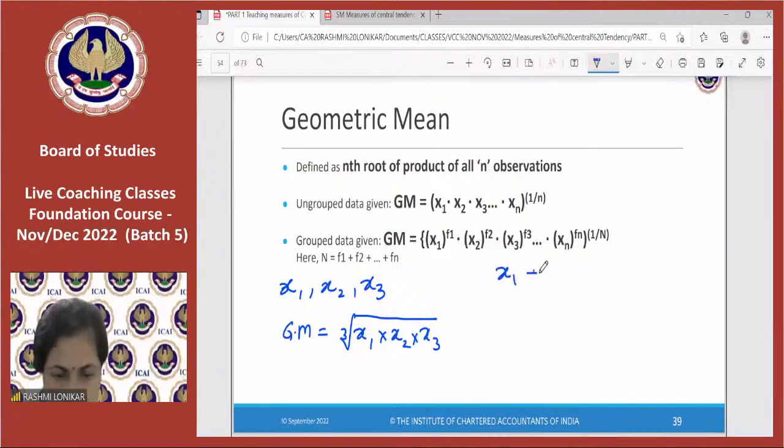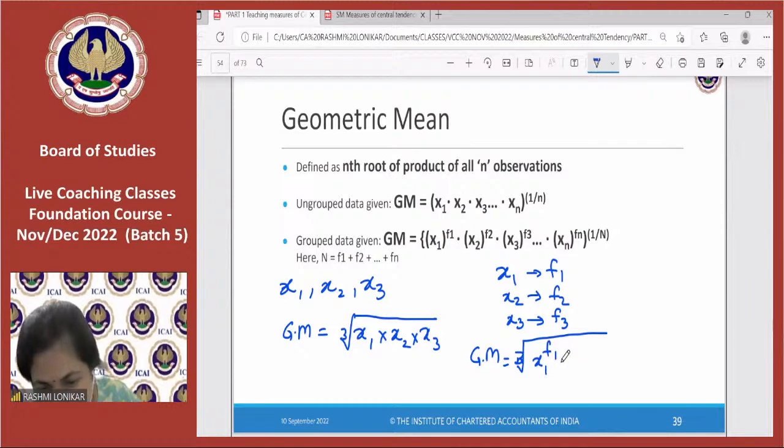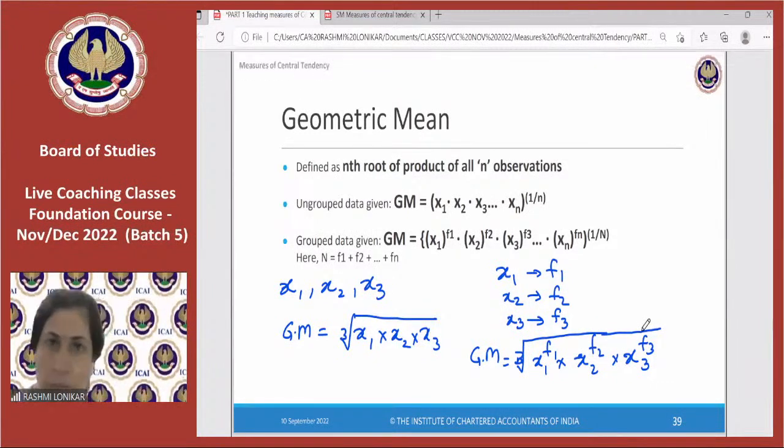Suppose for x1 my frequency is f1, for x2 my frequency is f2, and for x3 my frequency is f3. Then I find the geometric mean as the nth root, that is the cube root, of x1 raised to f1 into x2 raised to f2 into x3 raised to f3. Okay, this is the geometric mean formula.